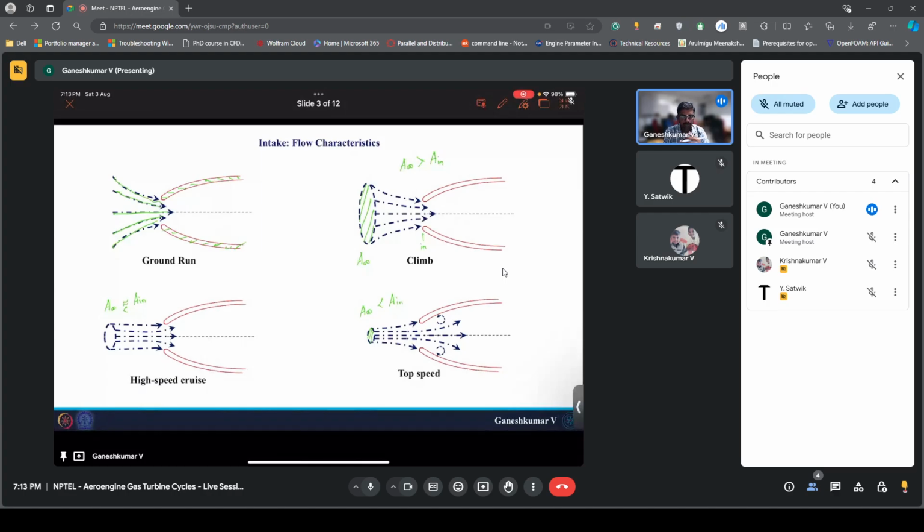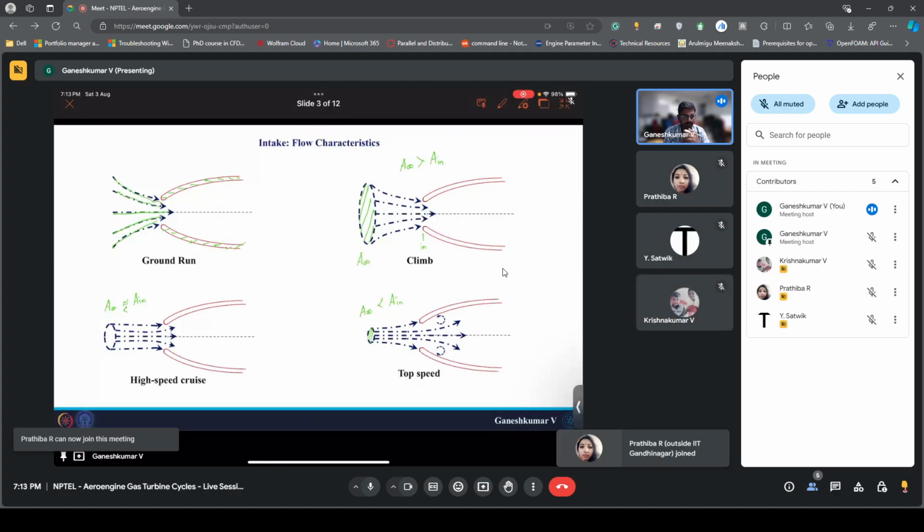Okay, so you will see a question in your assignment too, asking where the diffusion happens. At that time I'm not going to give you the answer, but you should think a little bit about what is happening. The inlet or diffuser, that is where diffusion happens. So this inlet until it reaches the compressor is the diffuser, right?